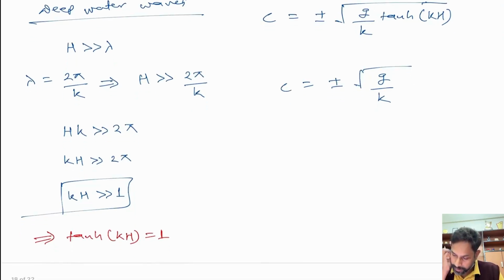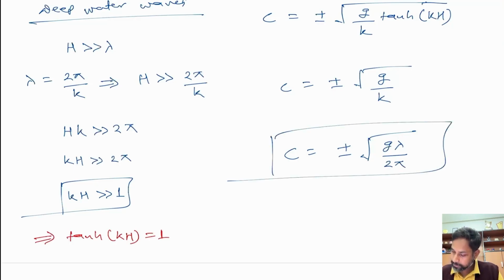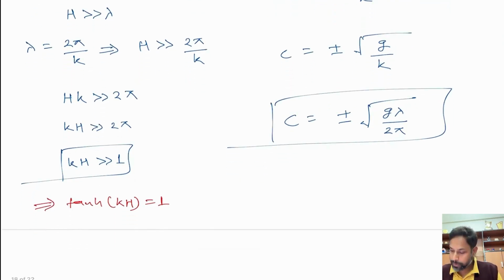So this k is the wave number, which we can also write as 2 pi over lambda, so c is the square root of g lambda over 2 pi. Okay, so this is the wave speed or phase speed for deep water waves.